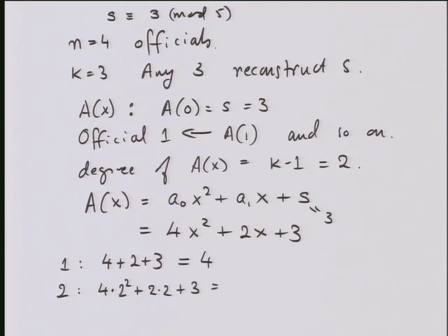This 4 is minus 1, right? So this is minus 1 squared, which is 1. This is minus 1, so that's just 3. 3 gets 4 times 3 squared plus 2 times 3 plus 3, which is what?